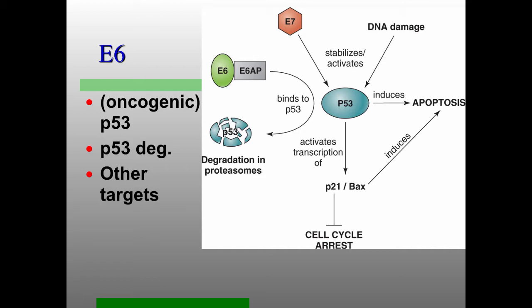So E6 is the yang to the yin of E7, and it causes degradation of P53. So you really have to have both E7 and E6 in order to get this proliferative growth.